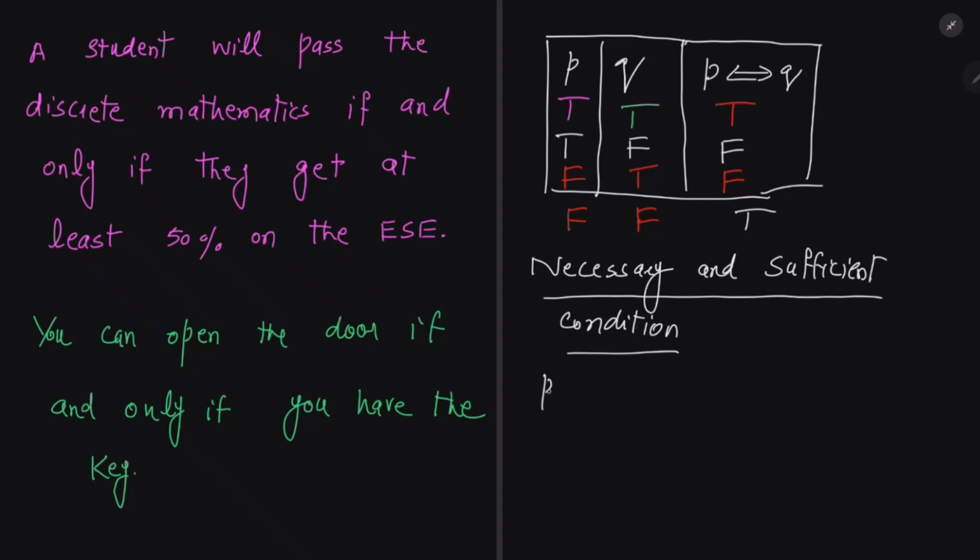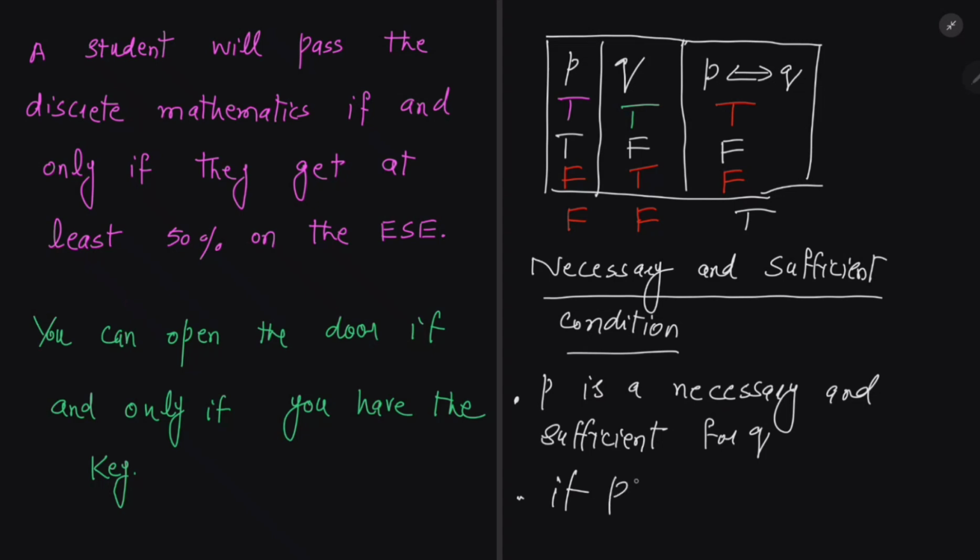It means that P is a necessary and sufficient condition for Q. It can also be said like this: if P, then Q, and conversely. If it is written in mathematics like that, then you can say that it is a biconditional statement. It can also be written as P if and only if Q.